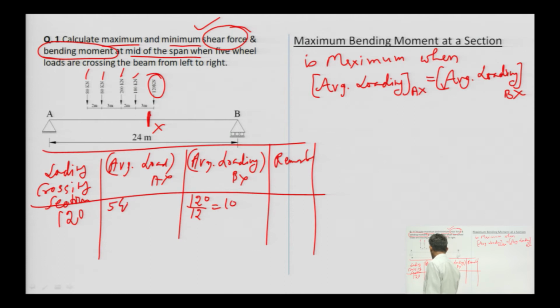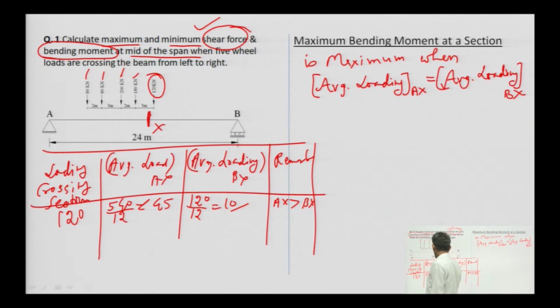So, 540 divided by 12 is 45, and here it is 10. So, loading in AX is more as compared to loading in BX.